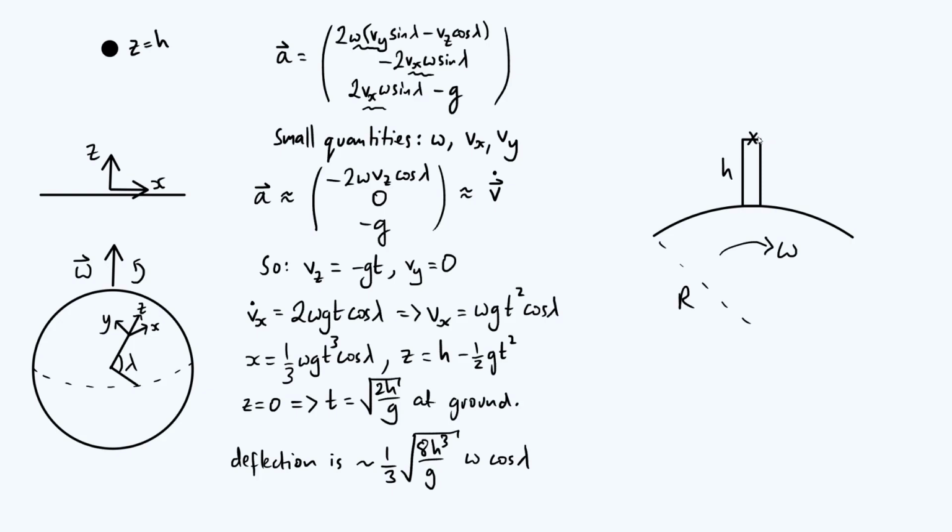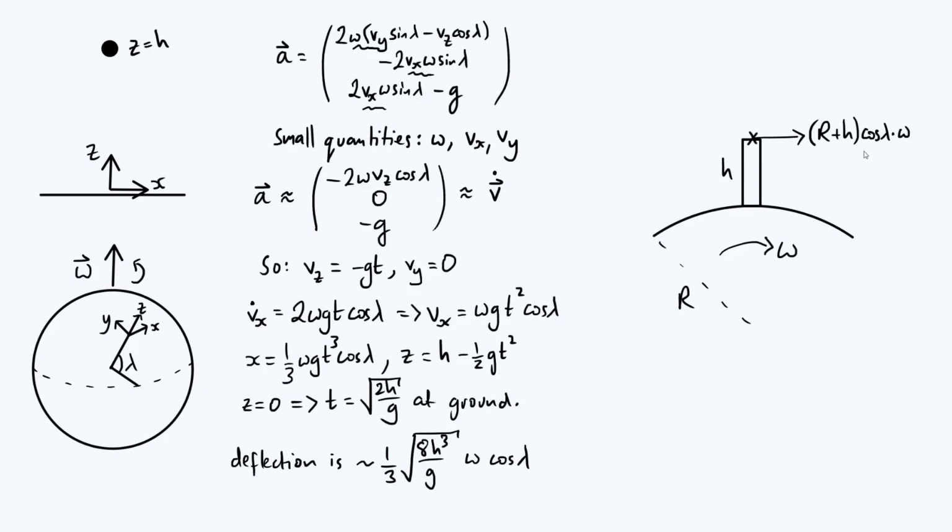So this point at the top of the tower has an instantaneous linear velocity going over to the right like this. And to figure out what that velocity is, we just take the angular velocity omega and multiply it by the radius of the circular motion that that point is moving in. Now, the radius of the circular motion is going to be the radius of the Earth R plus the height of the tower h times cos lambda, and then we take that and multiply it by omega to get the linear speed.